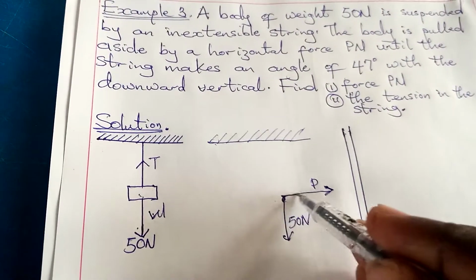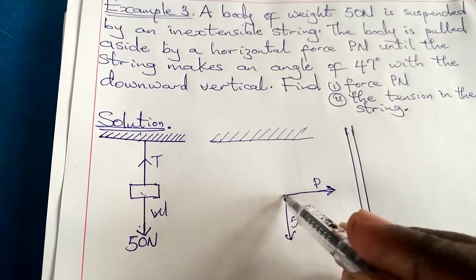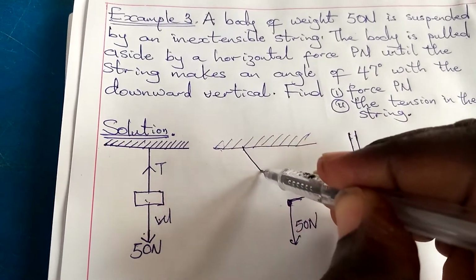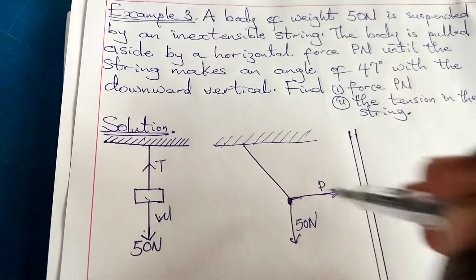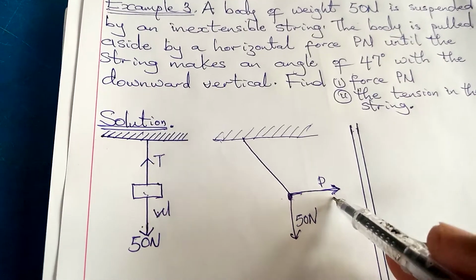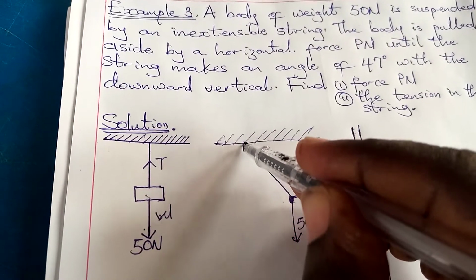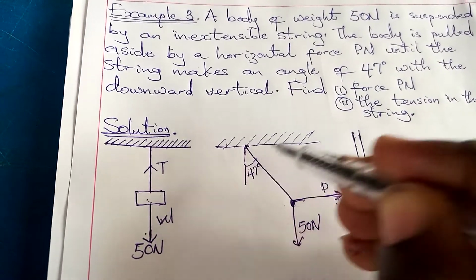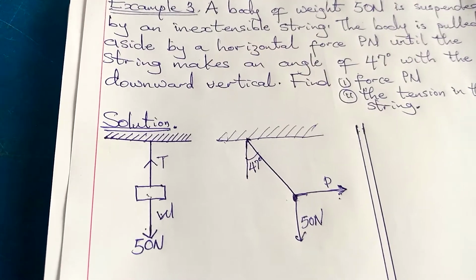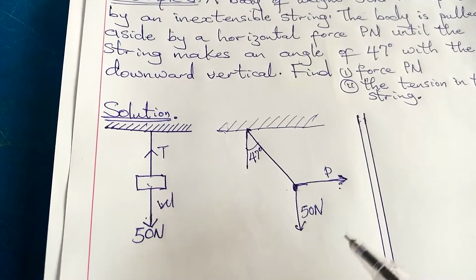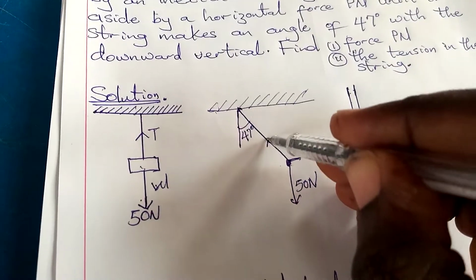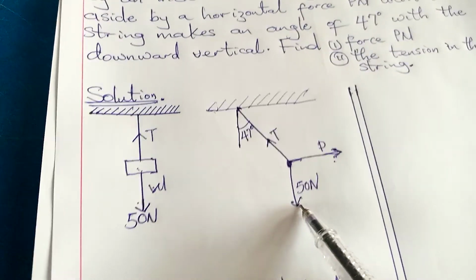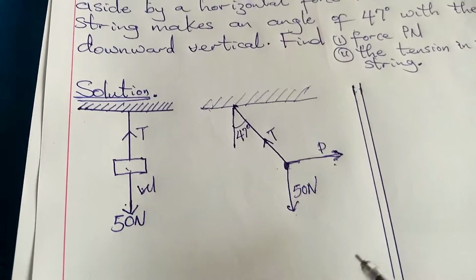So if this horizontal force is pulling the body, it means the string is going to move towards the horizontal force P, and therefore making an angle of 47 degrees with the horizontal. So this is how the diagram will be. And here we have the tension, we have the horizontal force, and we have the 50 Newton. So this is the first diagram.